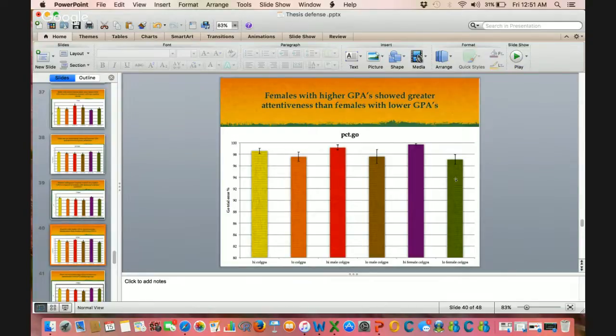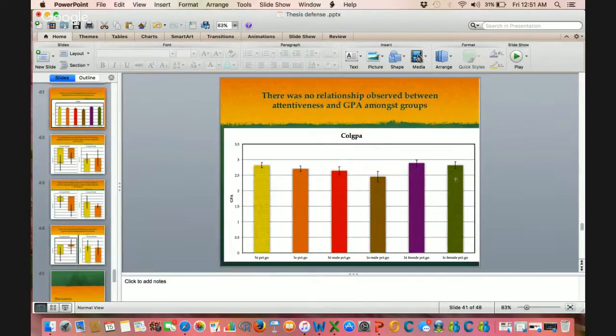So we want to look at the actual percent gos for attentiveness by GPA, and we found that females with higher GPAs showed greater attentiveness than females with lower GPAs. But by percent gos, we saw there was no observed relationship by GPA.